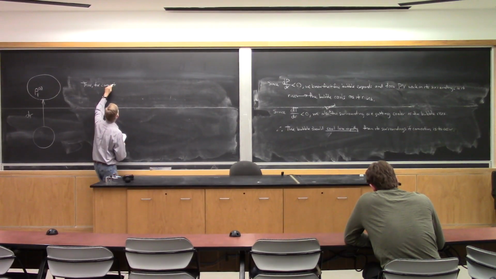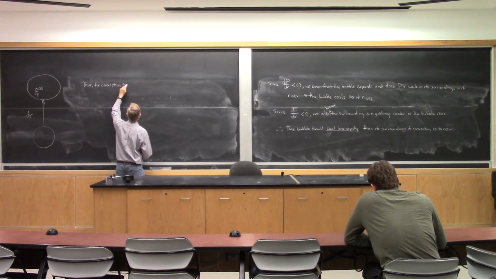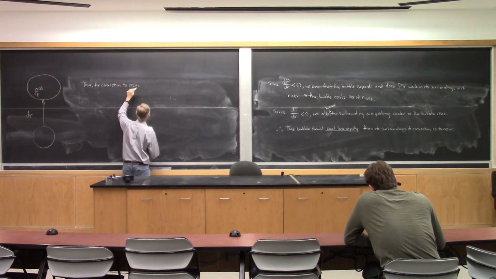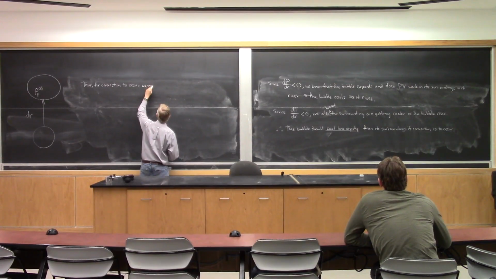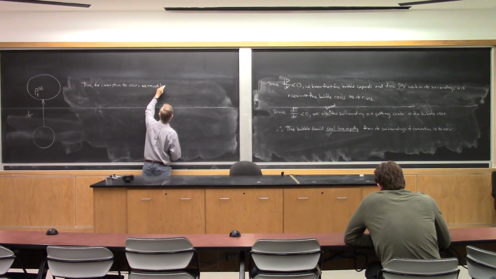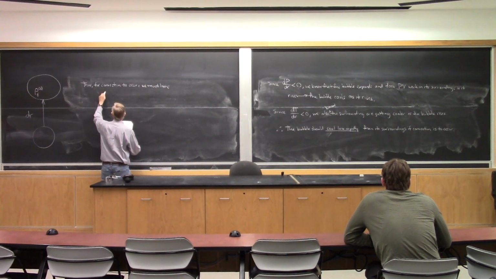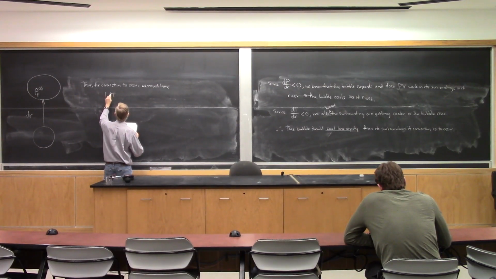Thus, for convection to occur, we must have, we'll do it in terms of absolute values here. It's easier to think of it in terms of taking absolute values.